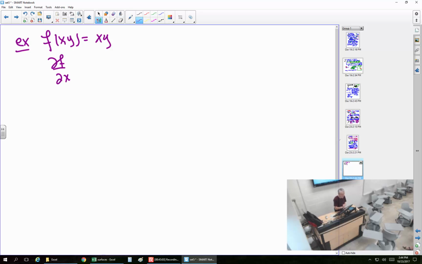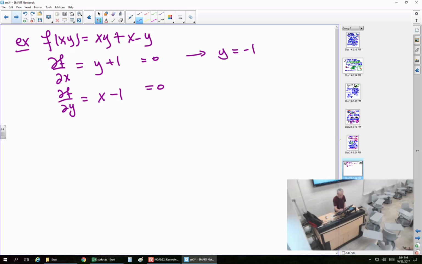Actually, maybe it's not a good example, how about plus x minus y. Let me try this one. df/dx is y plus 1, df/dy is x minus 1. If I set these equal to 0, I'll have y equal to -1 and x equal to 1.